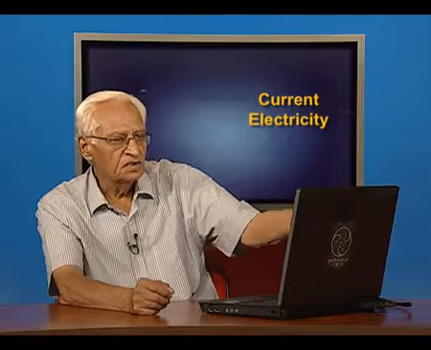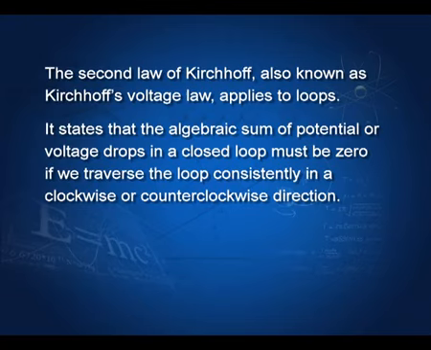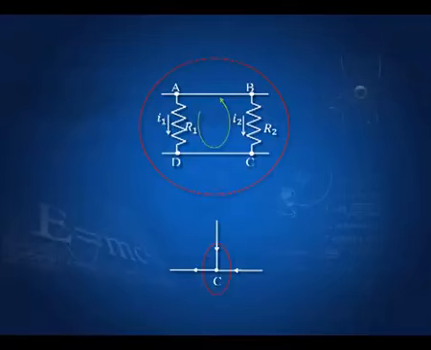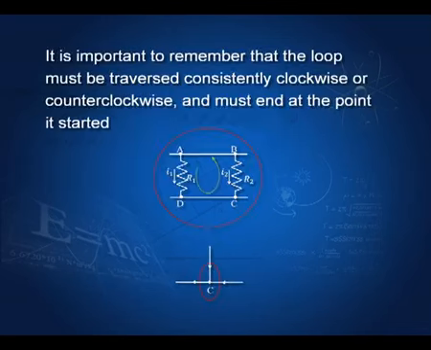The second law of Kirchhoff is called the voltage law, and it deals with voltages. And what does it say? It says that the algebraic sum of potential or voltage drops in a closed loop, remember the closed loop, this is a closed loop, must be 0 if we traverse the loop consistently in a clockwise or counterclockwise direction.